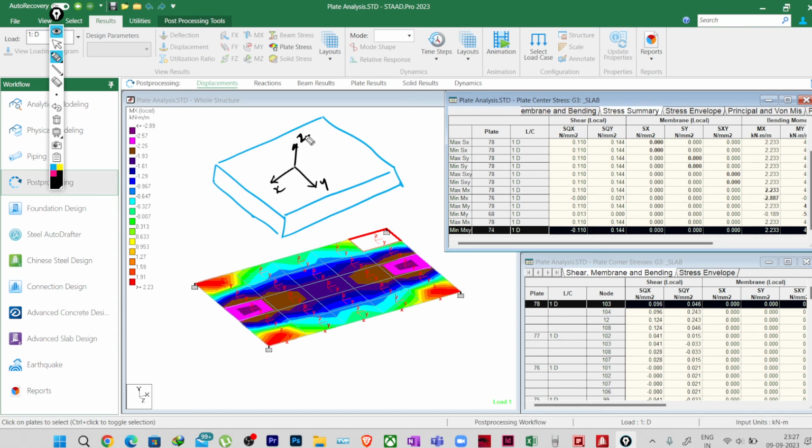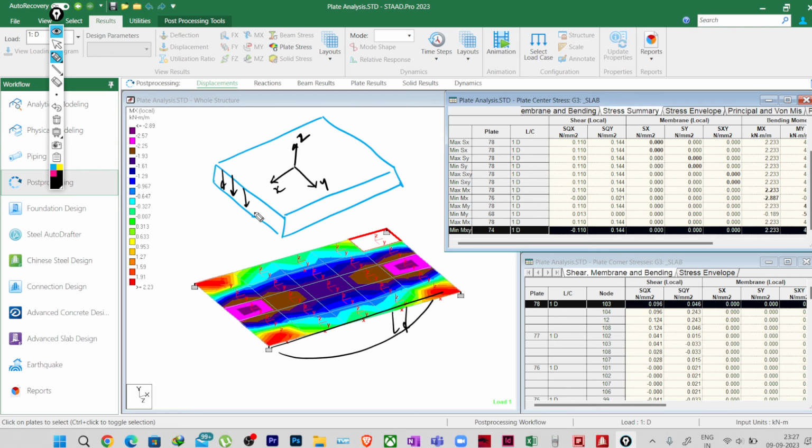First of all, because in shear, negative or positive, whatever it is, the absolute value is more important. In shear, we do not have hogging shear or sagging shear. I am talking about out of plane shear. Remember, bending is also out of plane bending, meaning it is not in the same plane, it is out of the plane like this. And shear also I am talking about the out of plane shear like this, which is along the thickness of the member.